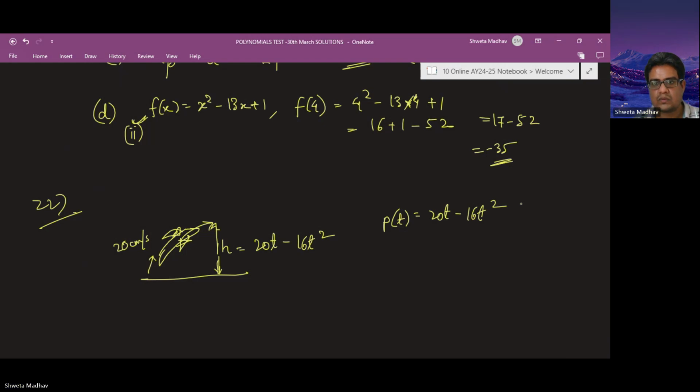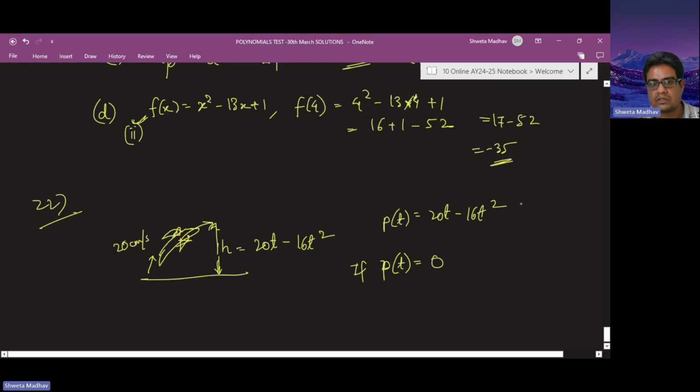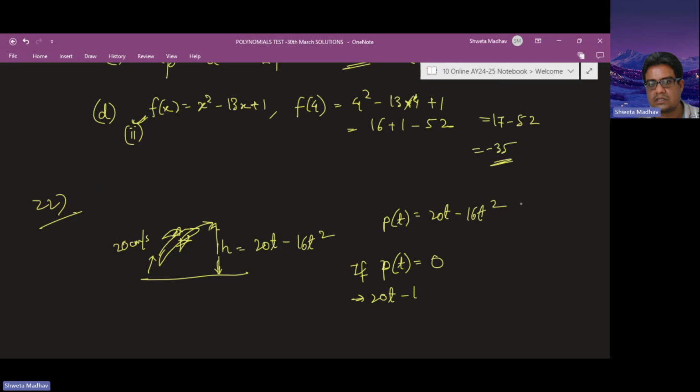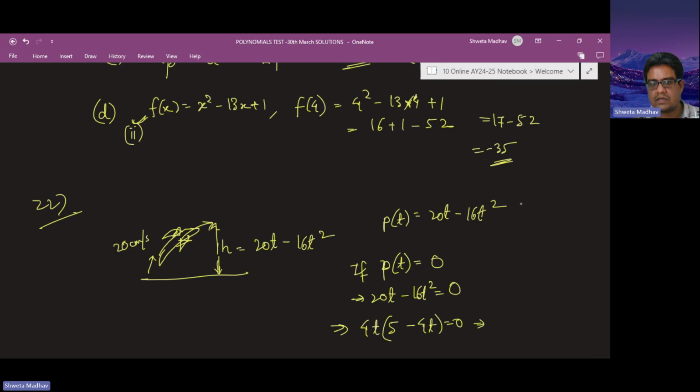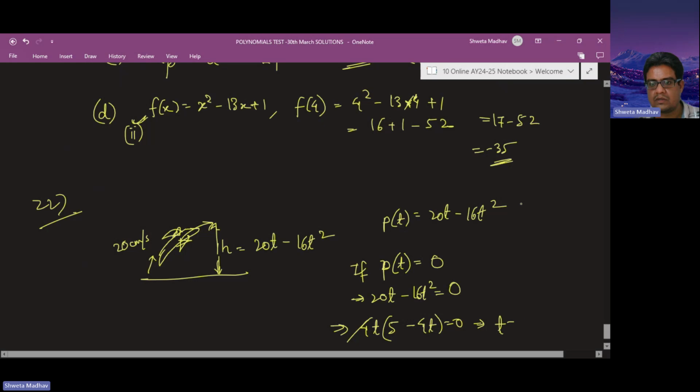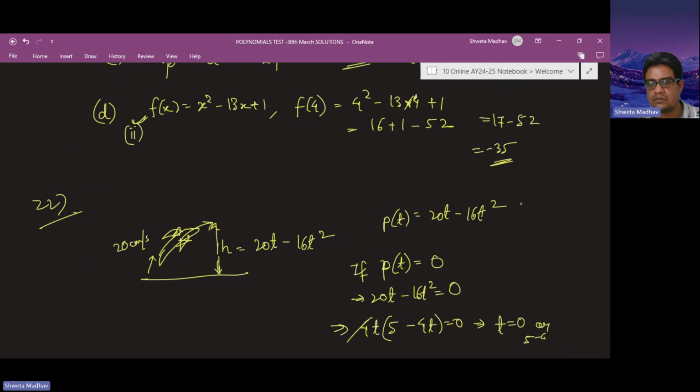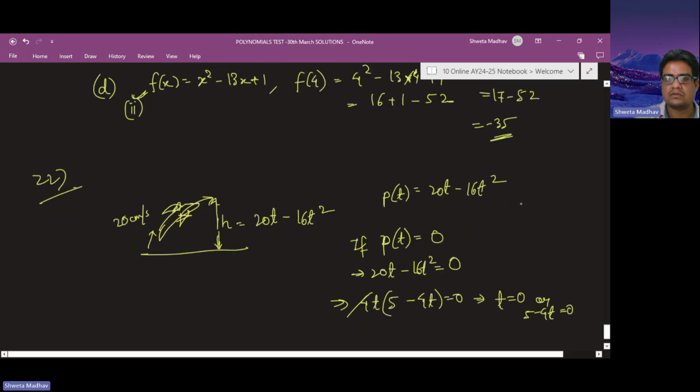So if we equate it with 0, then only we can find its zeros. So if p of t is equal to 0, then we have 20t minus 16t squared equal to 0. From here, 4t I can take as common, and then we have 4t into 5 minus 4t equal to 0. Then we can cancel out 4, and we get t equal to 0, or 5 minus 4t equal to 0.